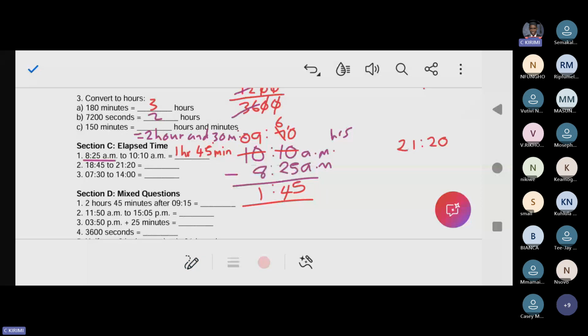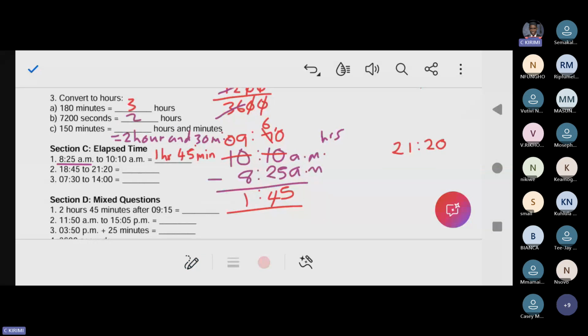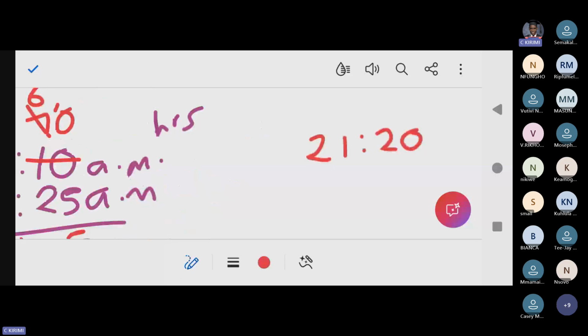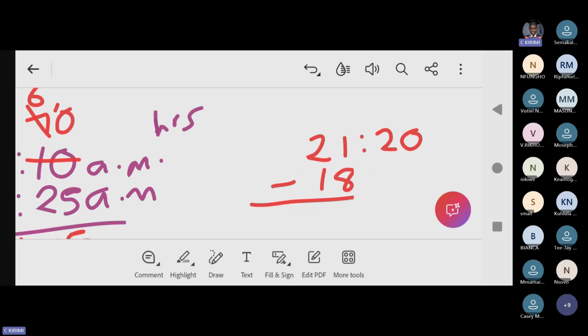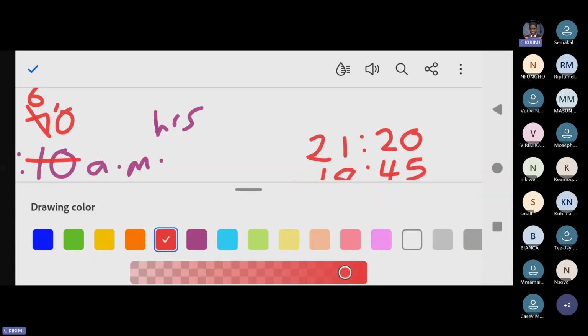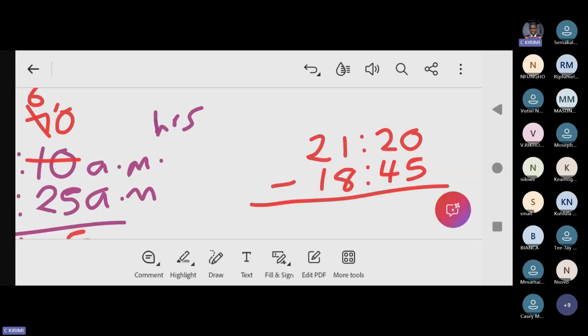So when we subtract, you indicate that you are minusing 1845, which means it's in the evening, 45 minutes past 6 in the evening. You subtract. 20 minutes cannot subtract 45 minutes. So we are still using the same method that we used before of taking 1 hour from the 21 hours.